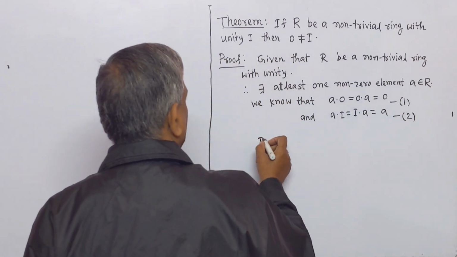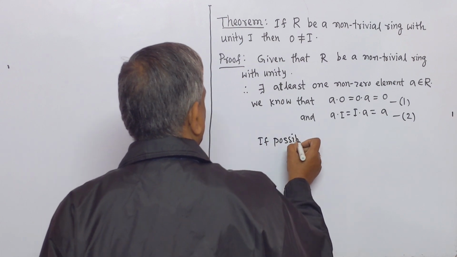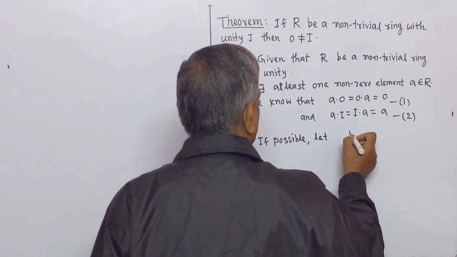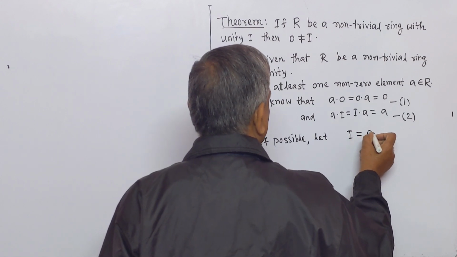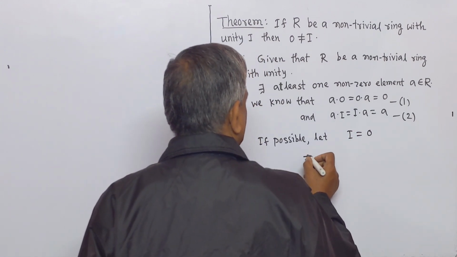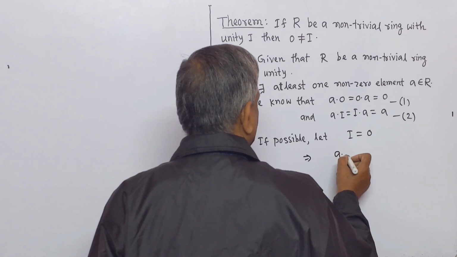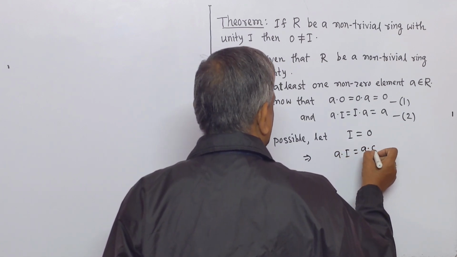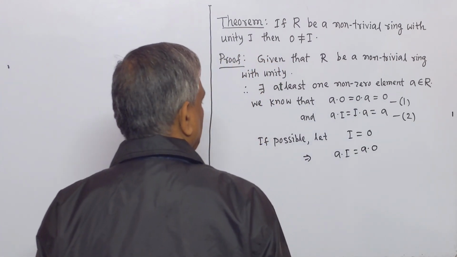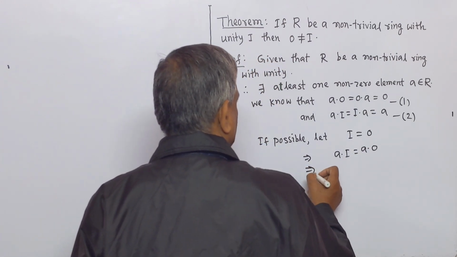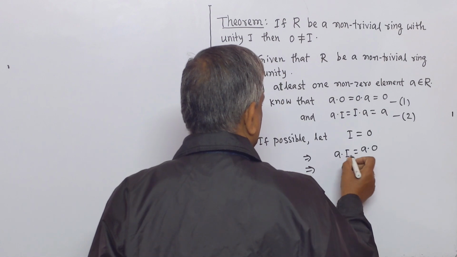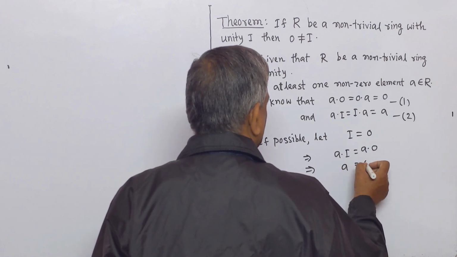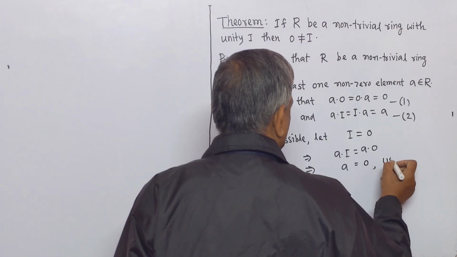If possible, let unity equal to 0. Implies that A multiply unity equal to A multiply 0. Implies that A multiply unity is A, and A multiply 0 equal to 0, using 1 and 2.